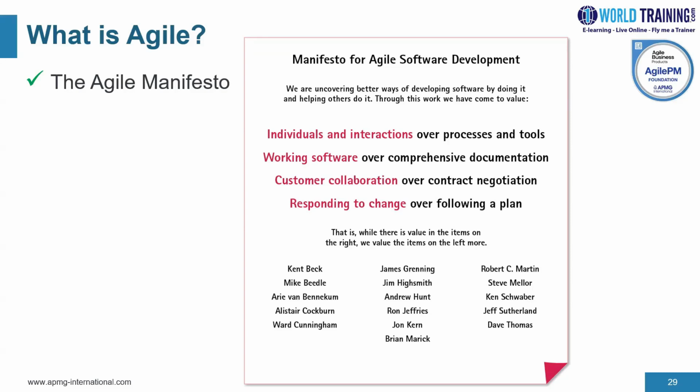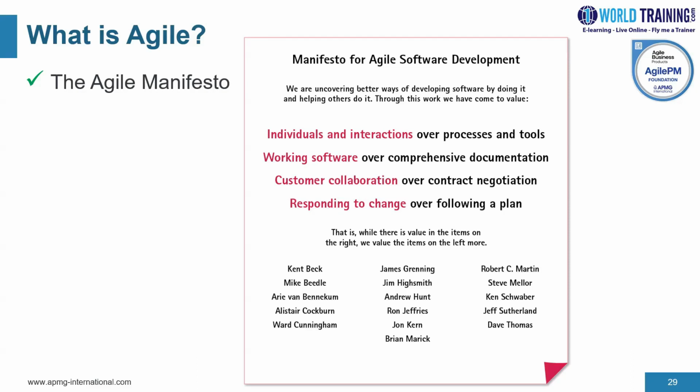The third value statement is customer collaboration has greater value over contract negotiation. I mean, typically in waterfall approaches in traditional projects, there's a greater emphasis on making sure that we comply with the contract and not much leeway, a lot of rigidity, but agile environments are more collaborative.